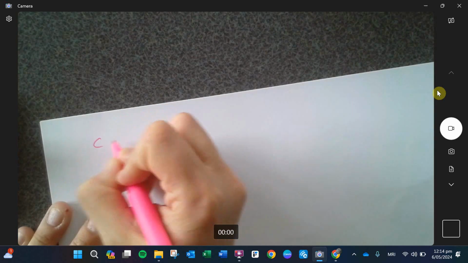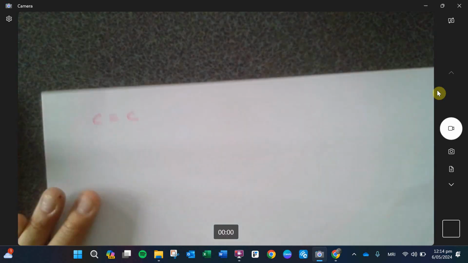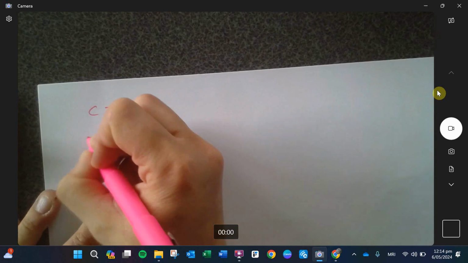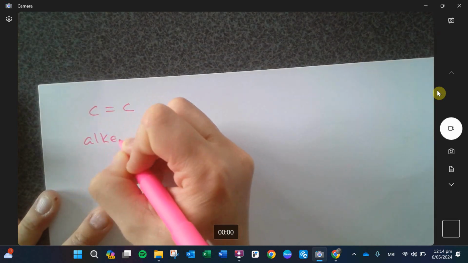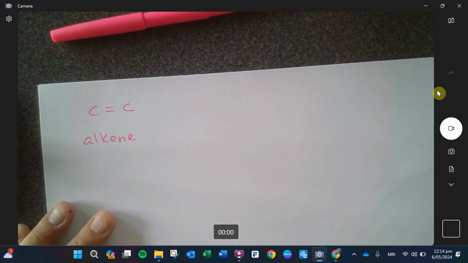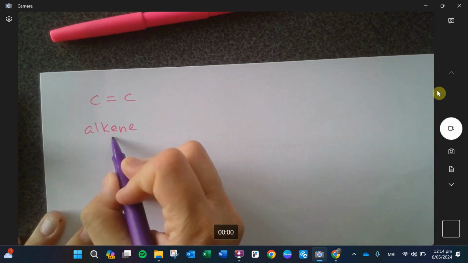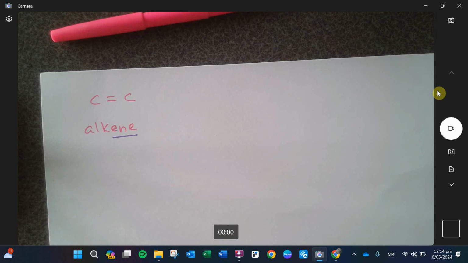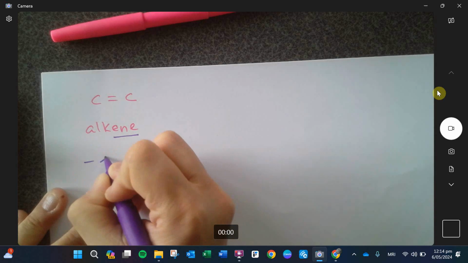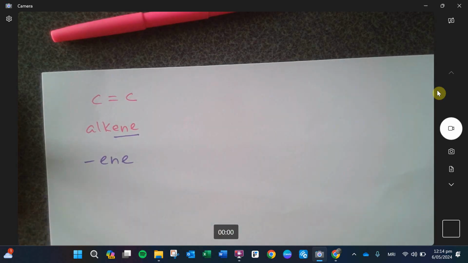So you could have a carbon double bonded to a carbon. That is your alkene. Note that the name of the functional group now changes because you have an ENE ending. So when you go to name any organic molecule that is an alkene, you will just change the suffix to ENE instead of ANE.